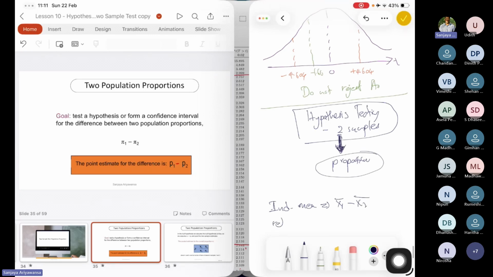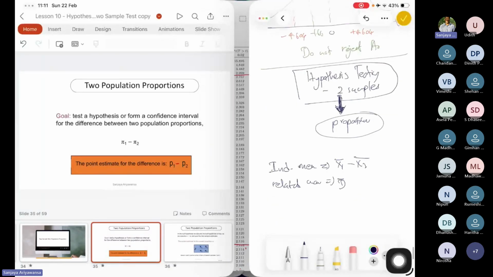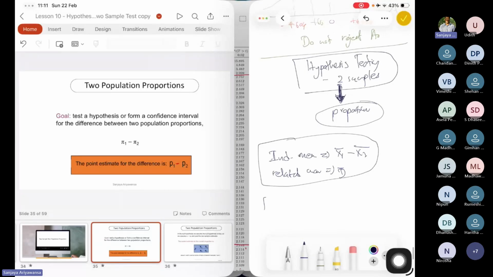In the related sample mean case, the point estimate was d bar, right? So those two, let's keep to the side. In the case of proportions, the point estimate is P1 minus P2.